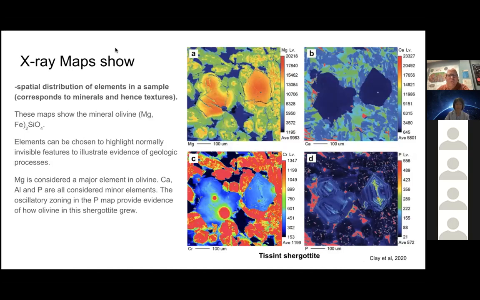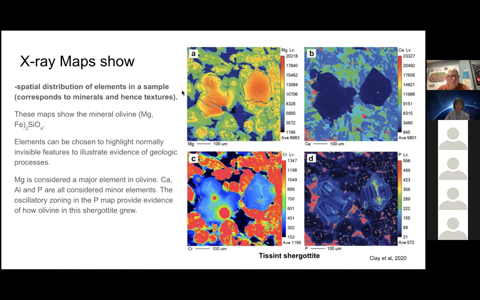So because we're interested in the minerals in the rock, we want to know something about what those minerals can tell us about how an igneous rock like a shergotite crystallizes. In these maps, we're looking at false colored X-ray maps, in this case, of the major element, magnesium. And we call it a major element because it's one of the elements in high enough abundance that it actually occurs in the mineral formula or chemical formula.